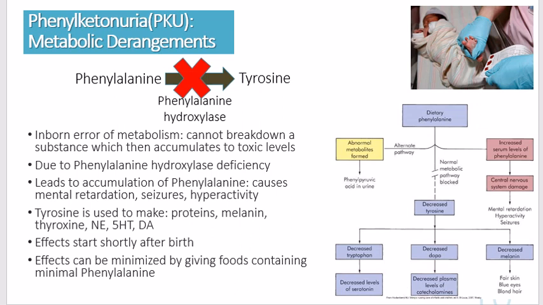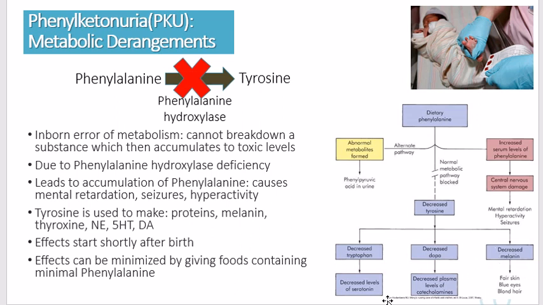And it also ends up leading to decreased melanin. Melanin is a pigment that's found within the skin, the eyes, the hair, giving color. So people that have PKU can end up being very fair-skinned, have very light eyes, and very light hair as well.